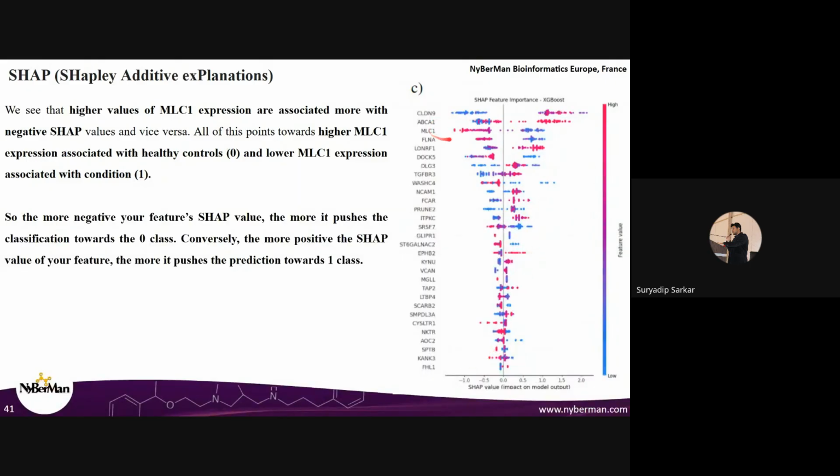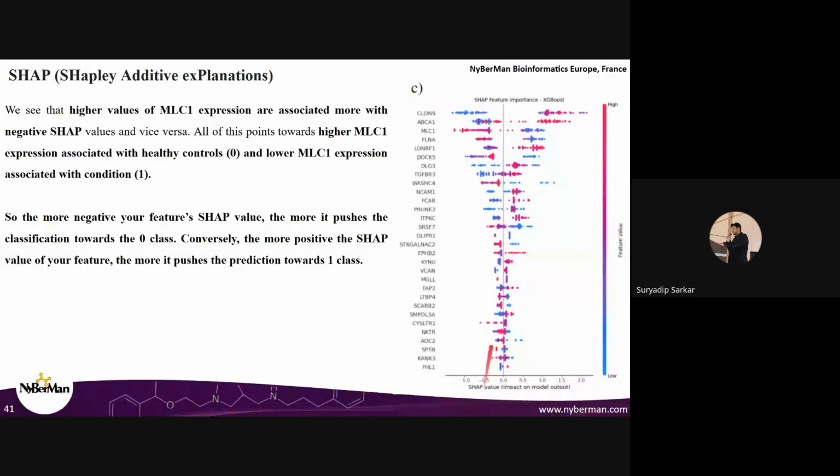Each dot here is nothing but one sample in your data set. So for MLC1, for each and every sample, it has colored the point based on this high or low feature value, and it has plotted it on the x-axis based on this SHAP value.